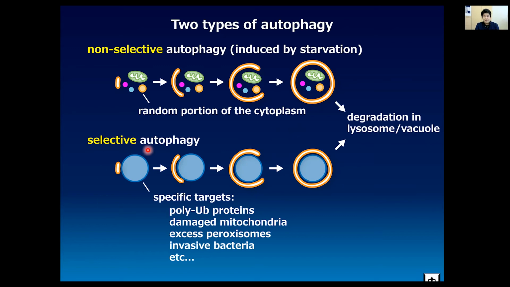In selective autophagy, specific targets such as disease-related abnormal proteins or organelles are selectively engulfed within the autophagosome for their elimination in lysosomes or vacuoles. In this way, the two types of autophagy degrade a wide range of cellular components under different conditions to maintain the health of our cells, and therefore our bodies.